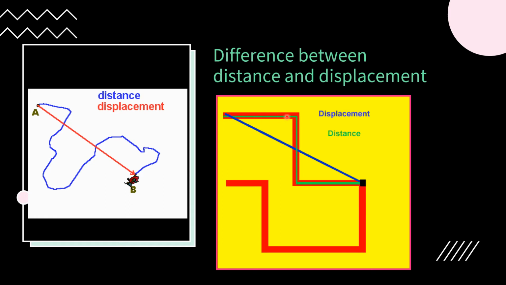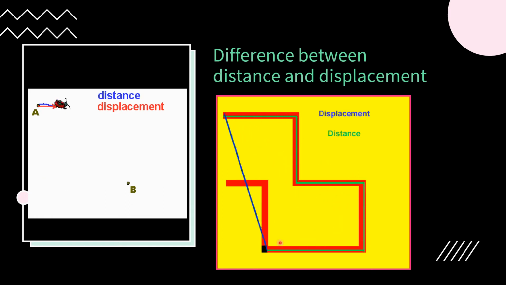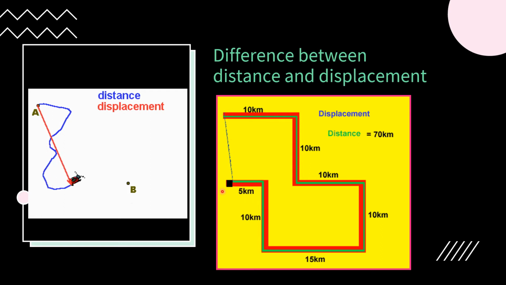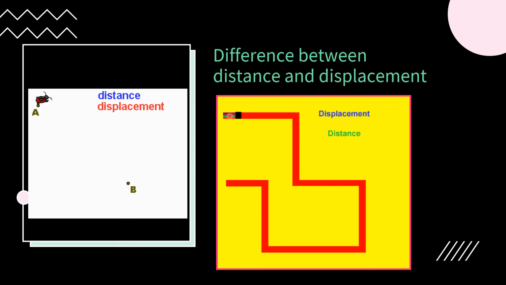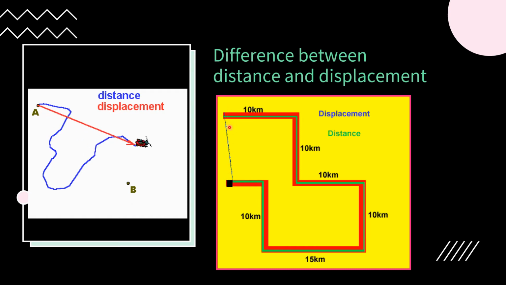But after reaching the final point, the displacement, if you calculate, is very less, which is only 14 kilometers. If we calculate the distance between the starting and the finishing point, it is just 14 kilometers. It is the minimum distance.